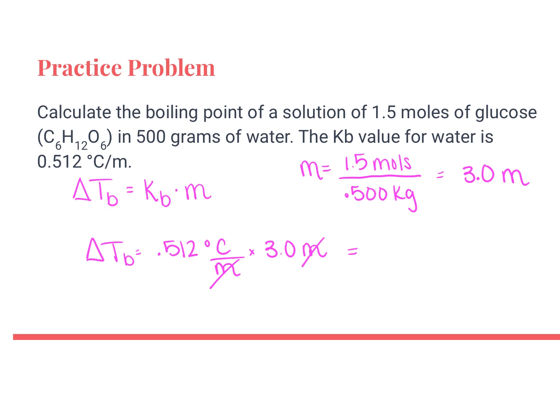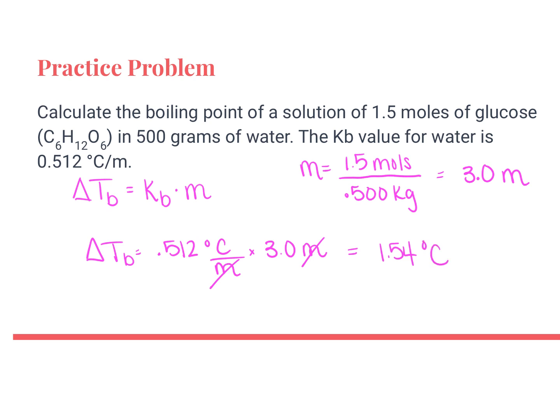In our calculator, 0.512 times 3.0 is 1.54. Notice the little m's for molality cancel, so the only unit that didn't cancel is degrees Celsius.